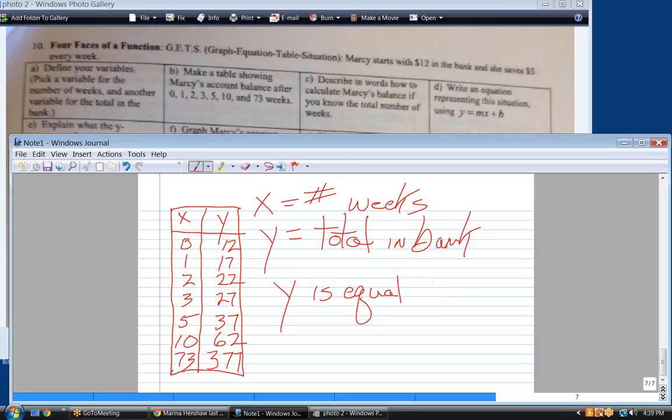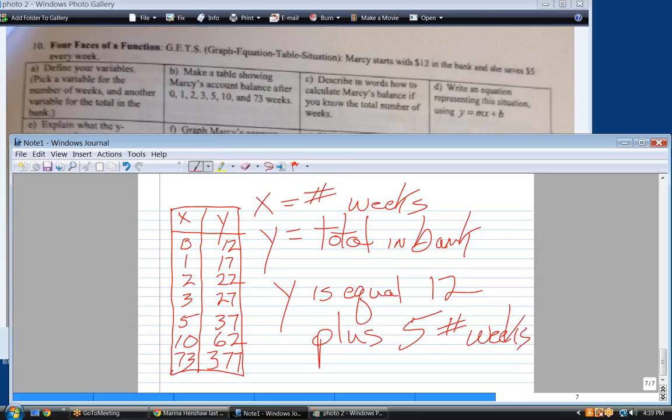Well, how about what we started with? 12 plus what? Plus 5 times X, the number of weeks.